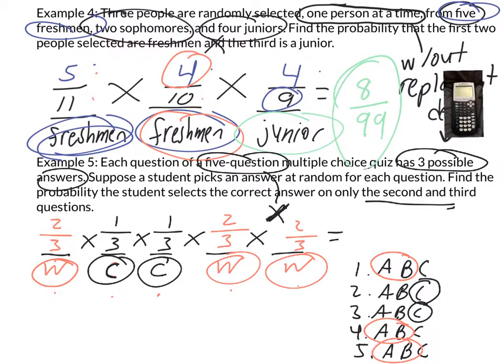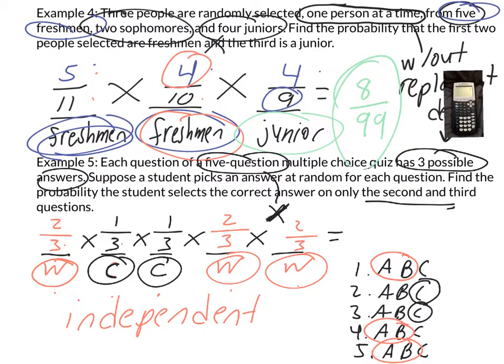You'll notice that the denominators are all 3s. In this question, they did not go down. It's similar to a with replacement scenario. More specifically, these are independent events, is what we would say in probability, meaning if you guessed right or wrong on question 1 has no effect on if you get question 2 right or wrong.